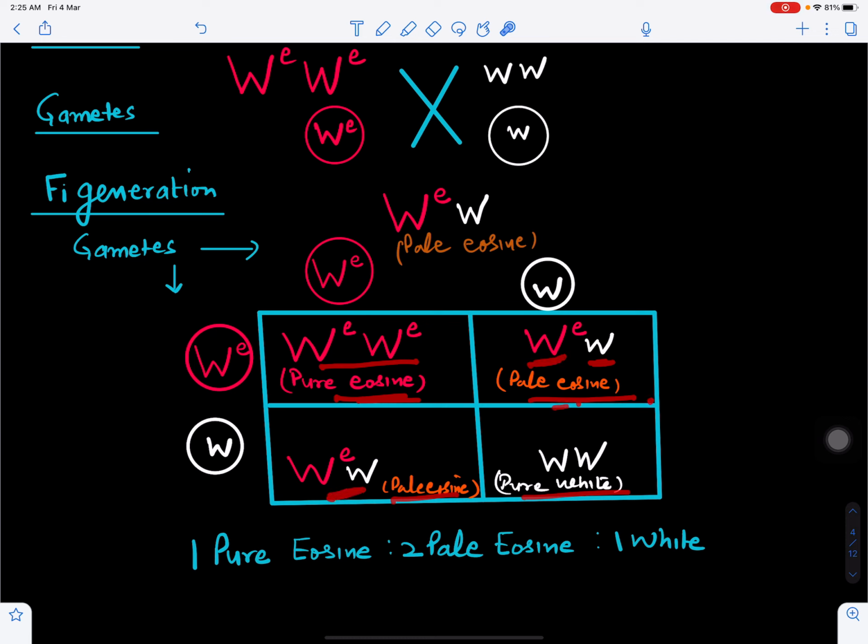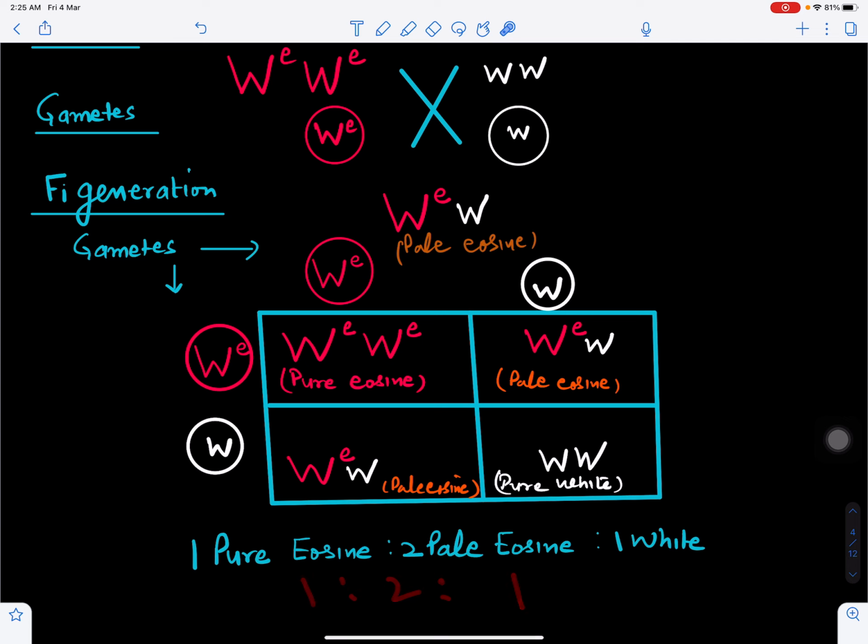Here also this is a heterozygous condition, so this is pale eosine, and here the color will be small w, this will be white. So we can get the ratio 1 pure eosine, 2 pale eosine, and 1 white. These are the phenotypic characters produced by this cross, 1 is to 2 is to 1. So this ratio is there.